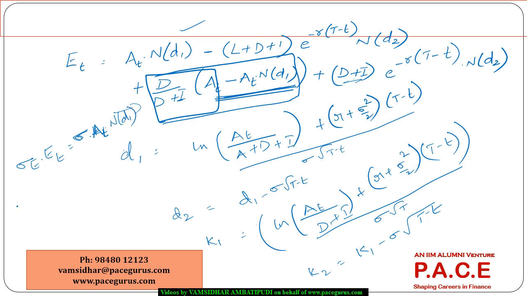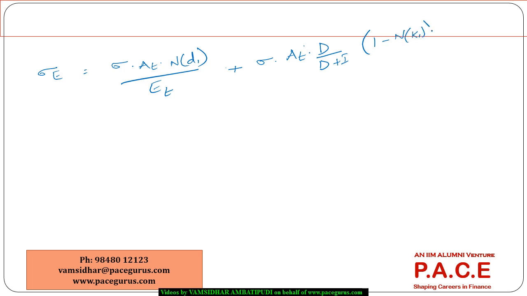Here also we are going with that proportionate representation. So instead of sigma E, earlier sigma E was sigma times N(d1) by E_t, right? So the same logic, if I put it, would still be the same.